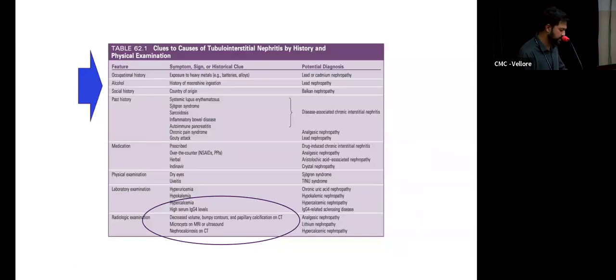In such patients, radiological examination shows decreased kidney size, bumpy contours, papillary calcification, and microcysts on MRI. Microcysts on MRI are usually seen in metabolic disorders which cause nephropathy, like hypokalemic nephropathy. Lithium can cause microcysts. Tubular vacuolizations can be seen in such cases.